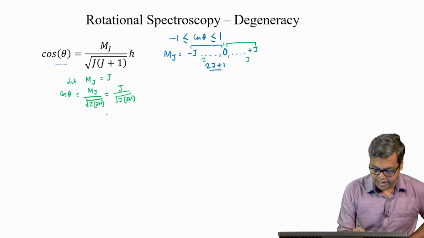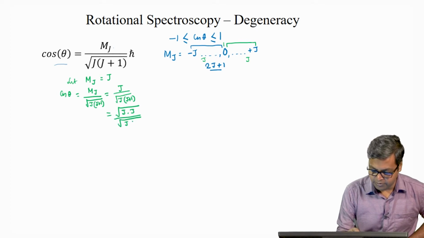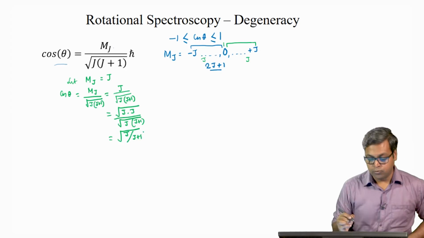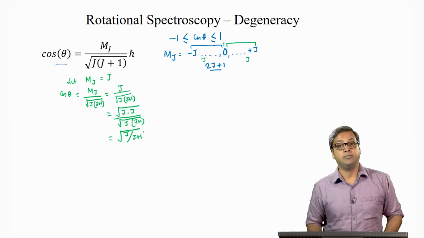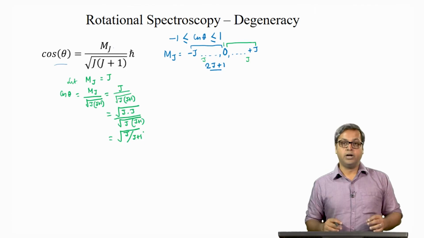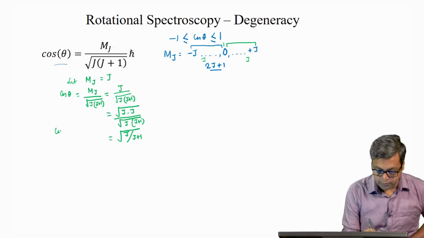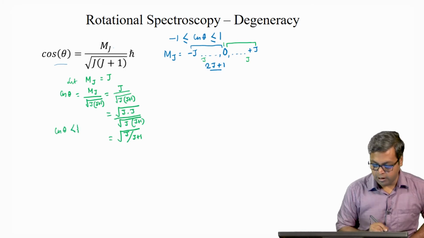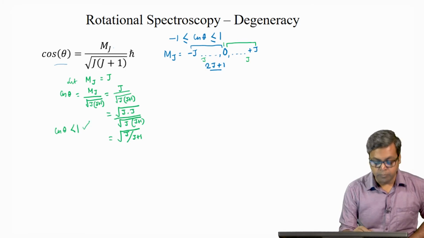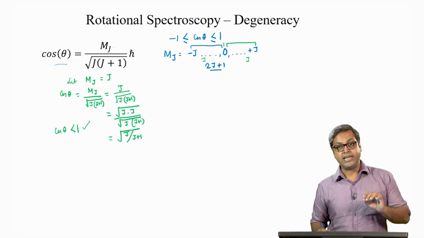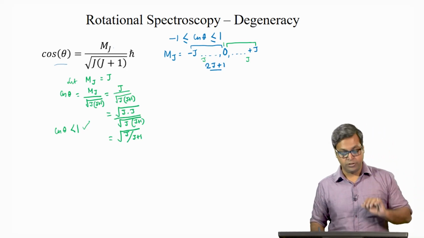So, we can write j as root over j times j divided by root over j times (j plus 1). So, this becomes root over j by (j plus 1). So, as j is less than j plus 1, root over j by (j plus 1) is less than 1. So, for this case we have cos theta less than 1. So, this is permissible. So, j can be one value of m_j.